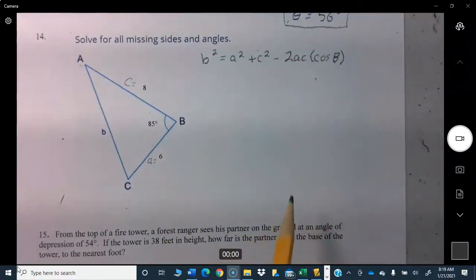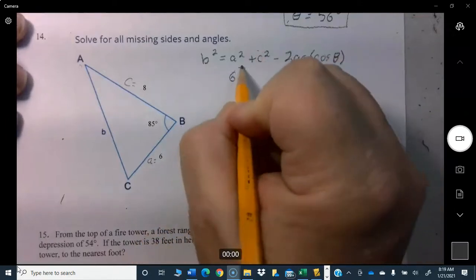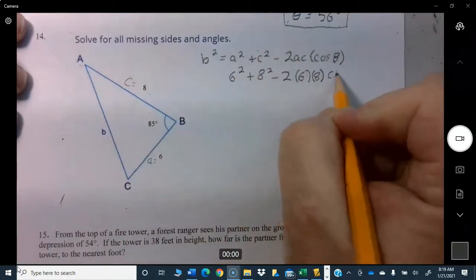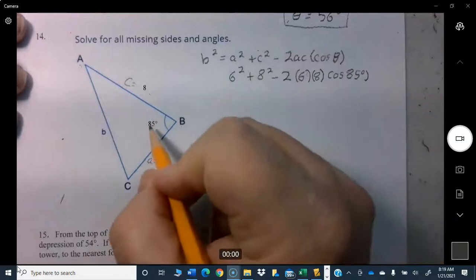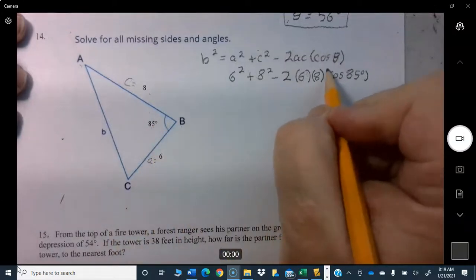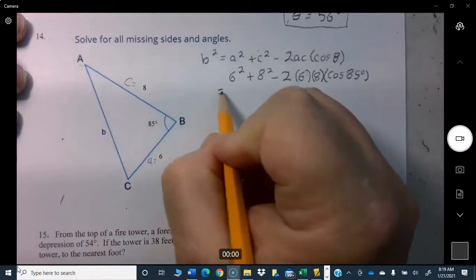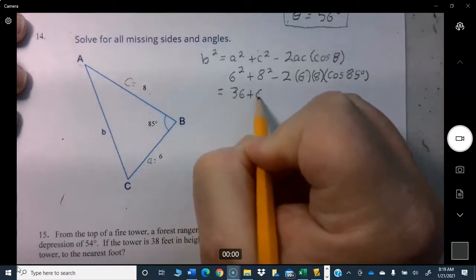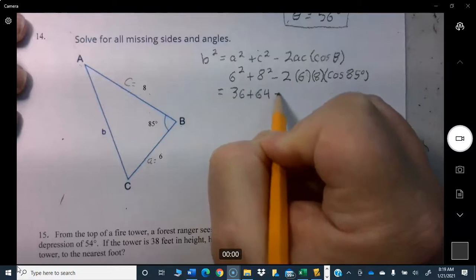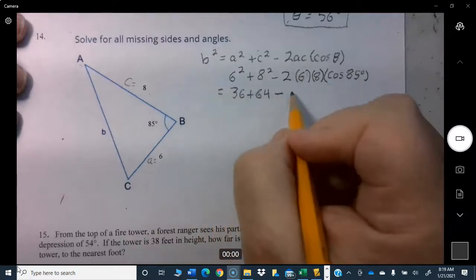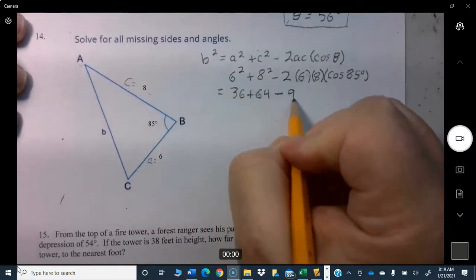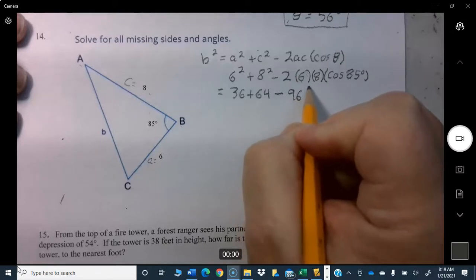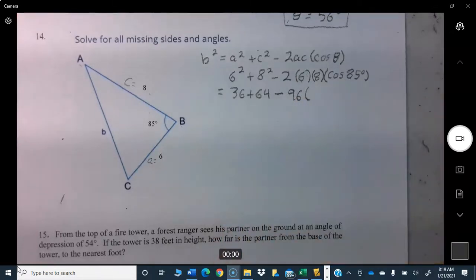Okay, so there's a formula. Now we just plug in the numbers. Side A is 6. And the cosine of the angle that we know is 85 degrees. That's going to be 96 times the cosine of 85. So we'll just go on our calculator and find out what that is.